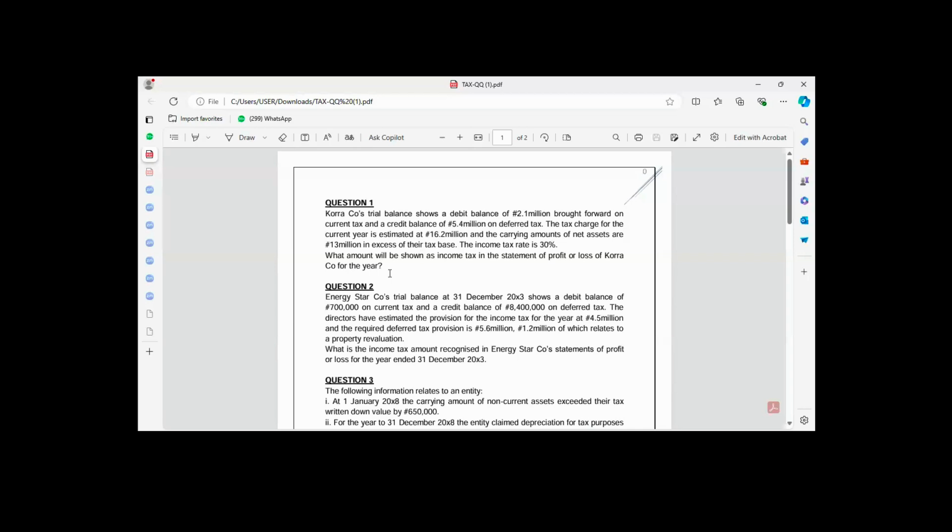Do you know what to do here? No, sir. If you remember, to determine the tax expense or income.